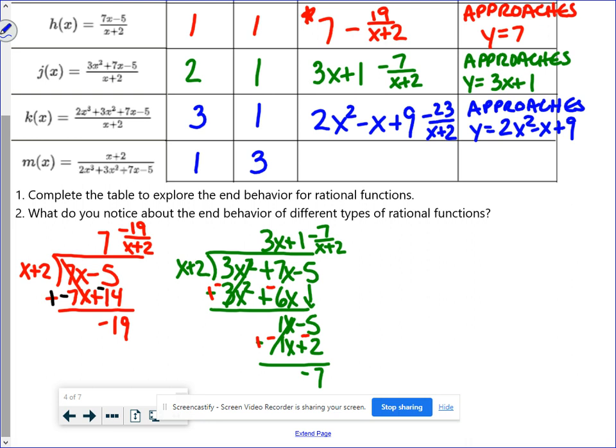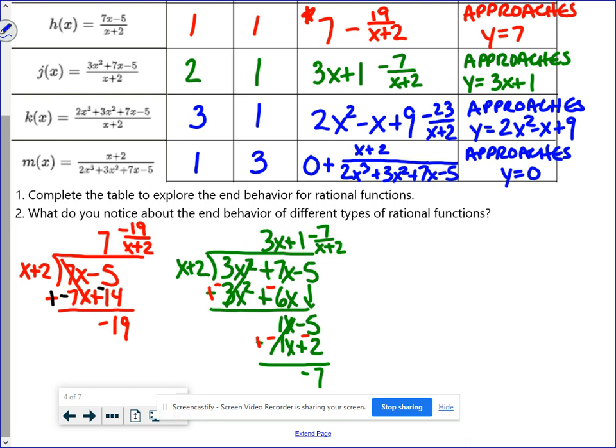That means that it's going to be approaching y equals 0, because if I tried to do that division, I would have that numerator divided by the denominator is going to be 0 plus that whole mess that I have right there, x plus 2 over 2x cubed plus 3x squared plus 7x minus 5. I don't have to do that division because I can't do that division. There's nothing to do there.